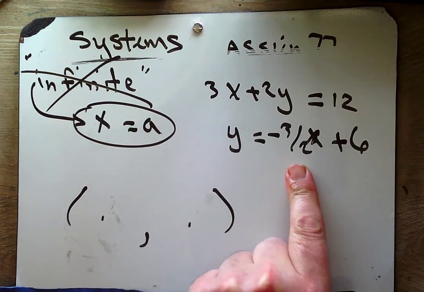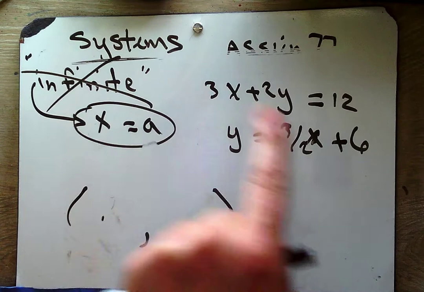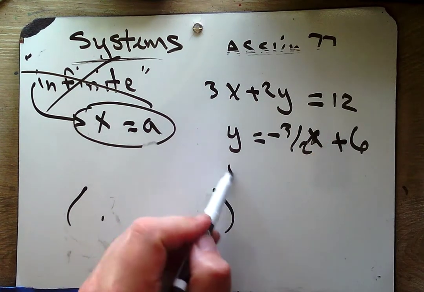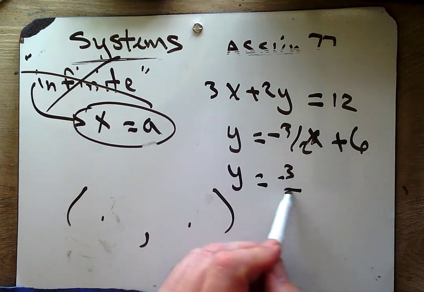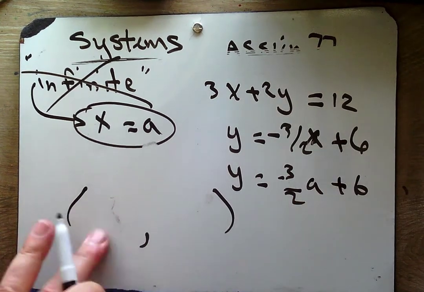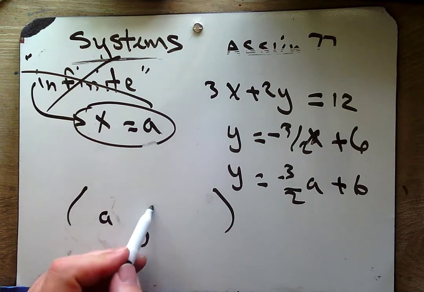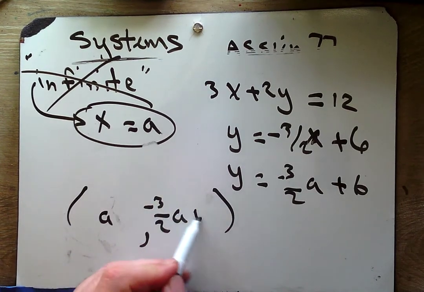And this one's conveniently already solved for y, so I'm going to take what x equals and plug it in there. So I'm going to have y equals negative 3/2 a plus 6. Now, what's this all about? Well, my ordered pair then is a, comma, negative 3/2 a plus 6.